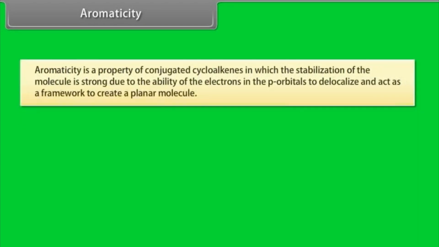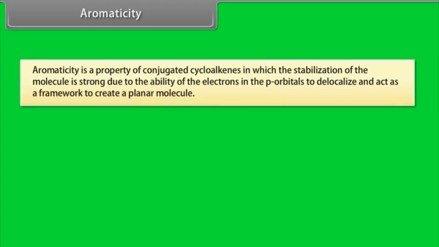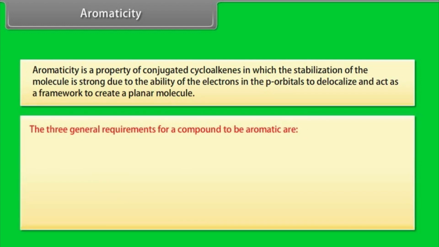Aromaticity. Aromaticity is a property of conjugated cycloalkenes in which the stabilization of the molecule is strong due to the ability of the electrons in the p orbitals to delocalize and act as a framework to create a planar molecule. The 3 general requirements for a compound to be aromatic are: 1.